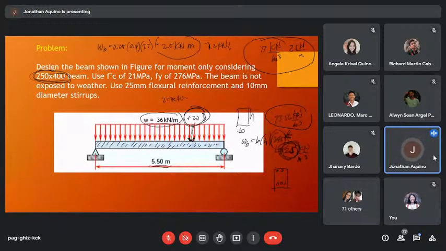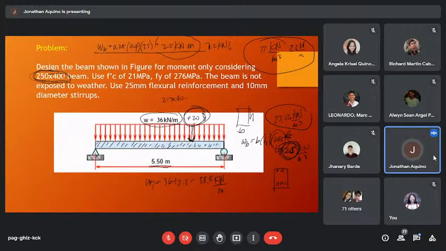So whatever is the beam dimension, we can easily solve. In this case, the total weight, superimposed plus weight of beam, is just simply 36 plus 2.5, or simply 38.5 kilonewton per meter.